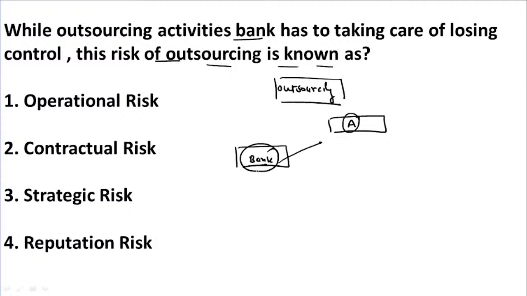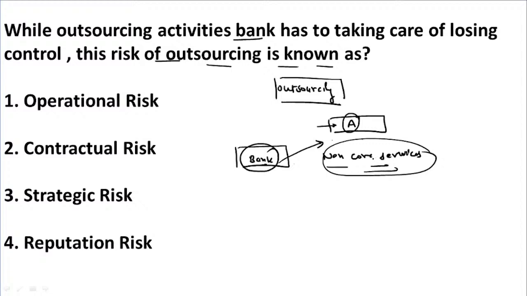In the context of the bank, generally banks outsource non-core services, not the core services, only non-core services. So when a bank hires another company for some of its functioning, like non-core services, that is known as outsourcing.